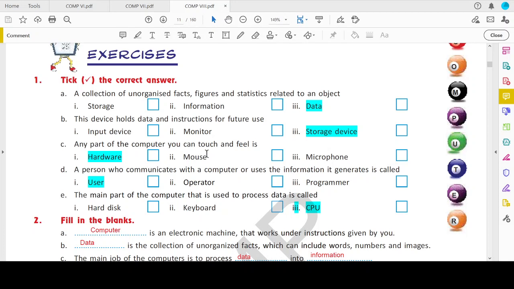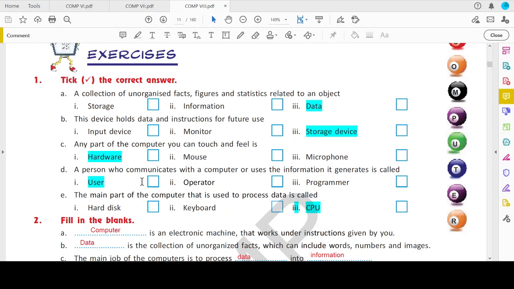You can always touch and feel a mouse, you can always touch and feel a microphone, but which one will include both? Hardware will include both the answers. So hardware is the most appropriate answer in this multiple choice. So you have to select the most appropriate answer out of the given options. Okay.